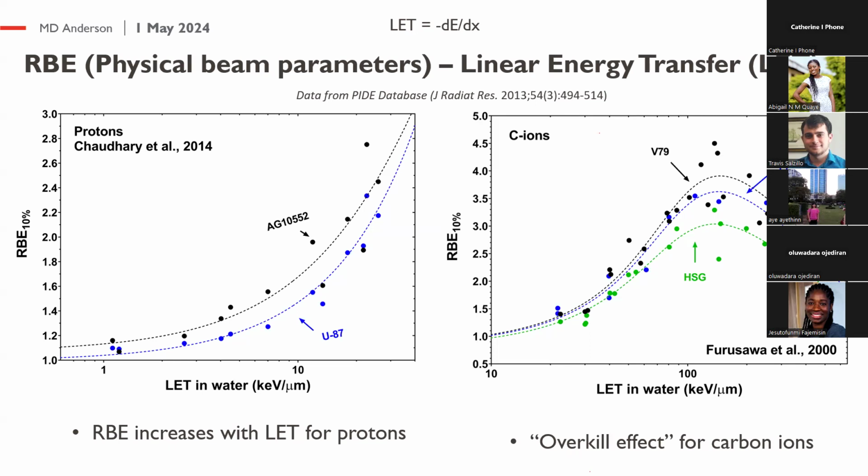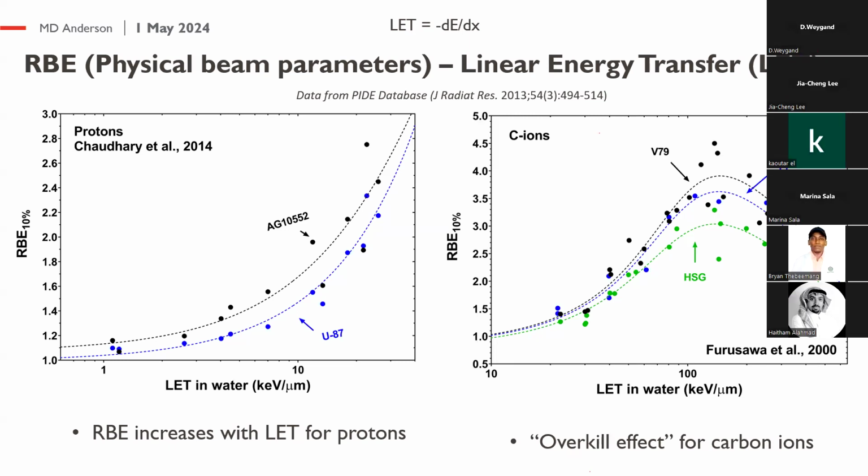However, if you go to heavier ions where you can get very, very high LETs, it seems like eventually you achieve some sort of maximal RBE value. And then afterwards, as you increase the LET, the RBE goes down. We refer to this as the overkill effect. So this is two complicated things we need our model to be able to account for: as you increase the LET, RBE goes up, but then eventually for very high LETs, it's going to go back down.